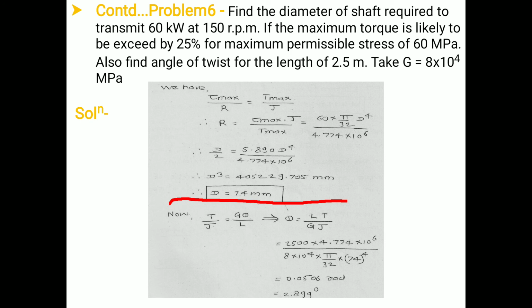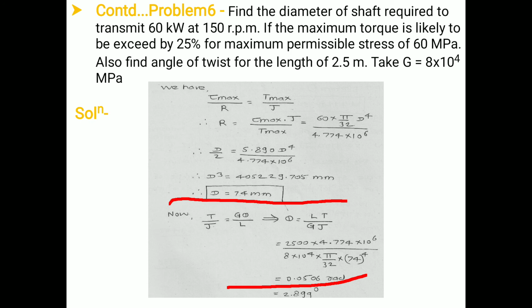Now we also have to find out the angle of twist from the given data. Again we will use the torsional formula to find this value. It is given by T upon J, which is equal to G theta upon L. Therefore theta will become L T upon G J. On putting the values of L, T torque and G J, we will have the value of theta as 0.0506 radian, and that value we have to convert into degrees.